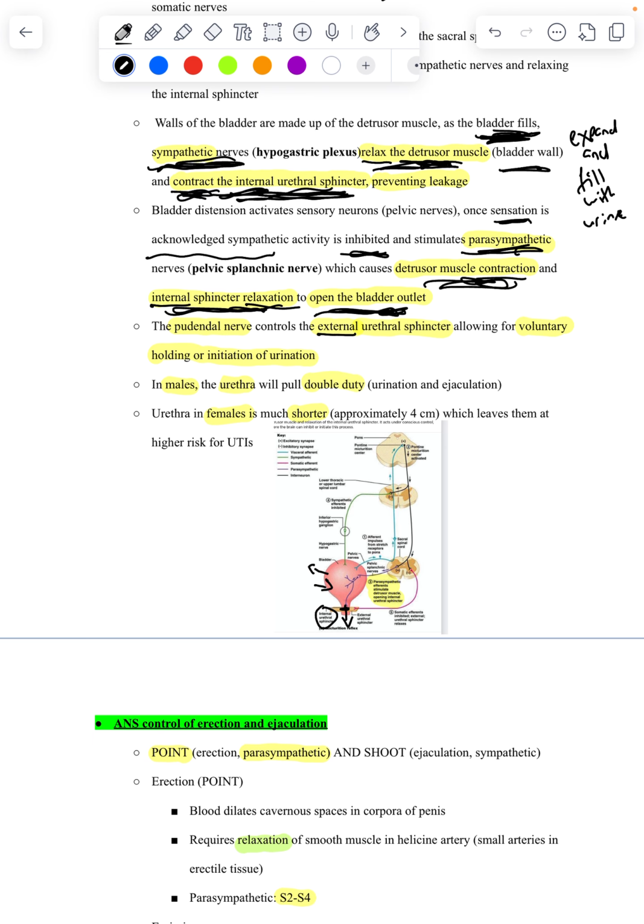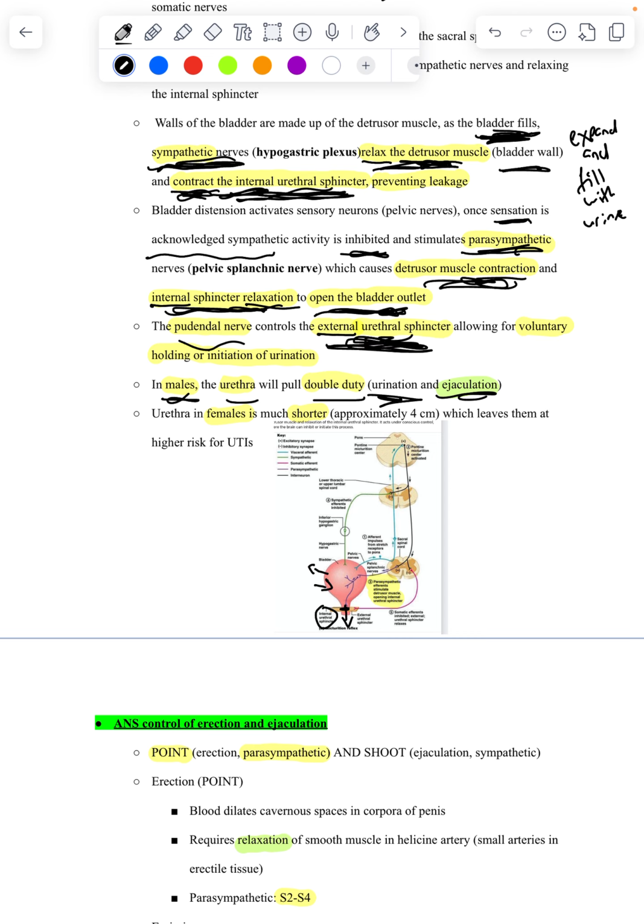Between males and females, really quickly, actually. Males will have, the urethra will have double duty. So it's not just for urination, but it's also for ejaculation. And then the pudendal nerve, the nerve we were talking about that does all the important stuff within your genitals, is the one that controls the external urethral sphincter.